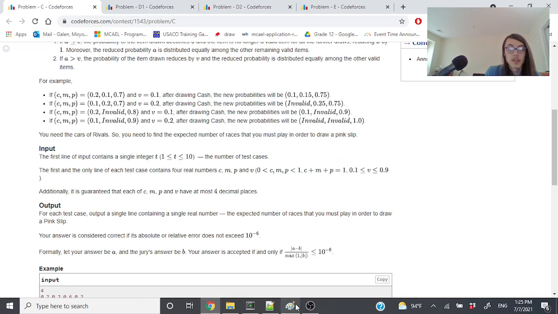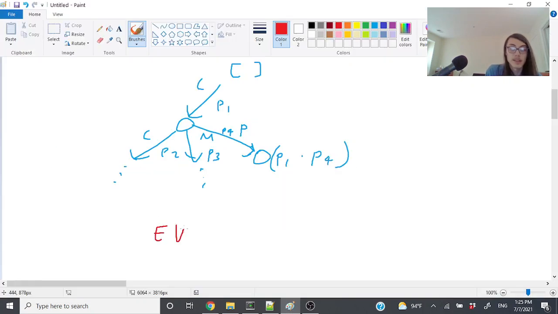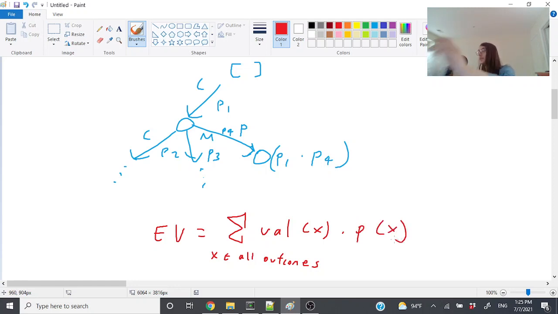The idea with expected value is that it's the sum over all outcomes of the value that you get from that outcome times the probability of getting that outcome. For example, if one thing takes 3 operations and has probability 0.1, then it contributes 0.3 to the expected value.